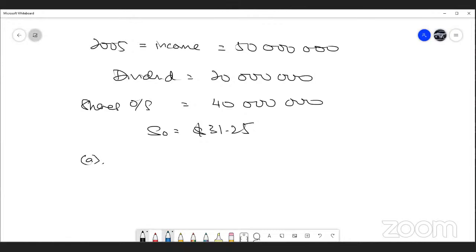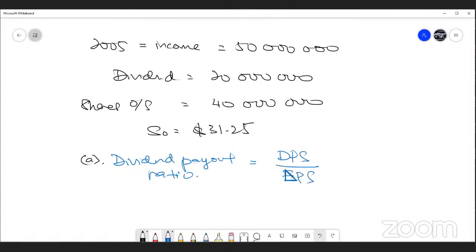A asks us to count the dividend payout ratio. So what's the formula for the dividend payout ratio? There are two formulas. Number one, you can use DPS, dividend per share, divided by EPS, earnings per share. The other formula, formula number 2, is total dividend divided by net income.